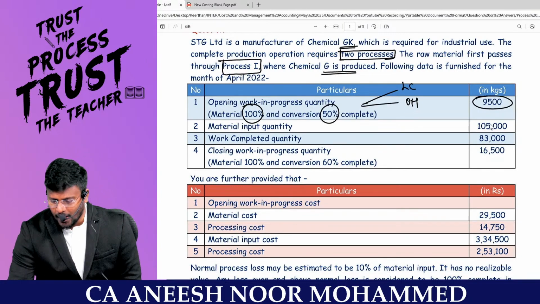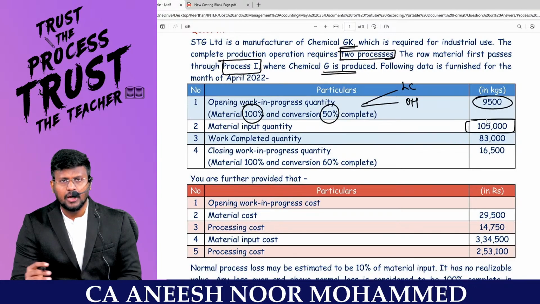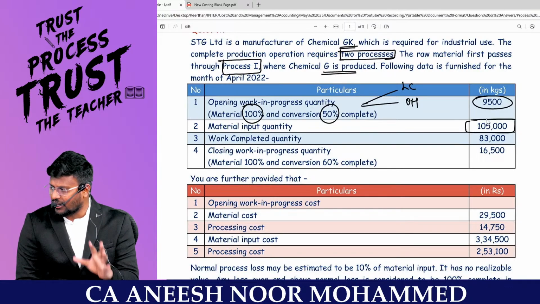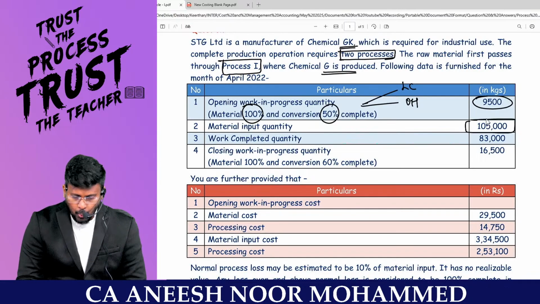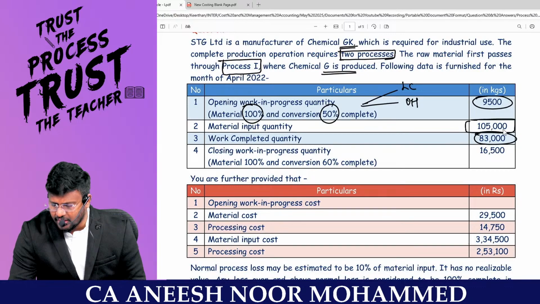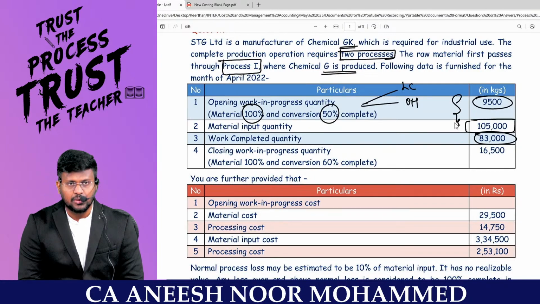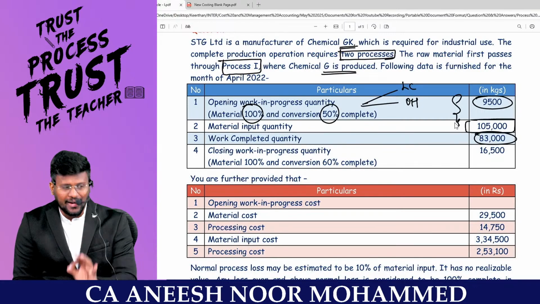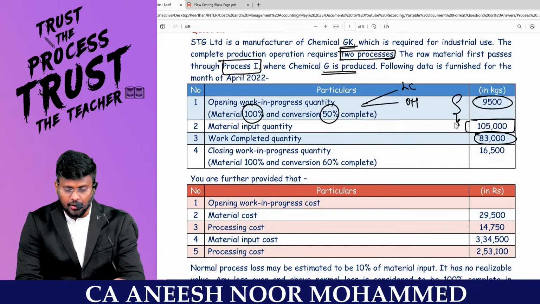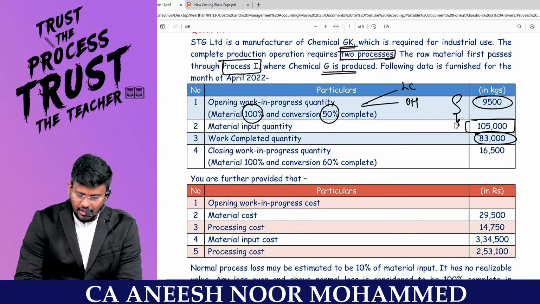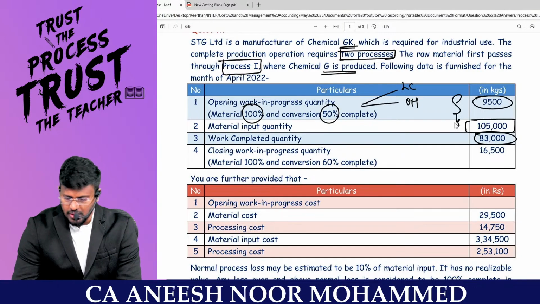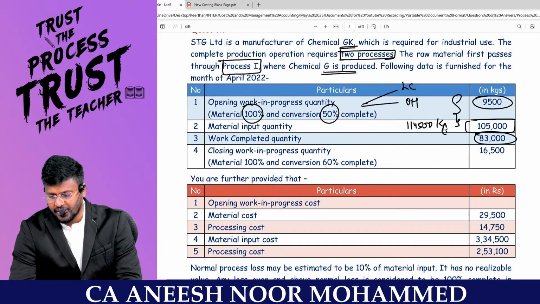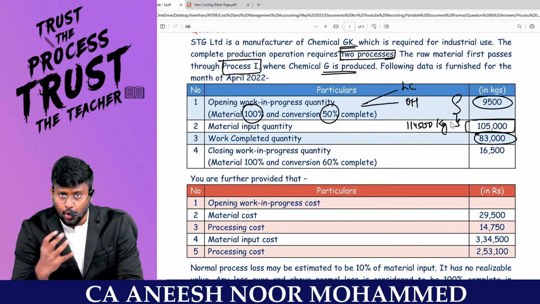Material input quantity is 1,05,000 kg. To this 9,500 kg, they have introduced 1,05,000 kg. Work completed quantity is 83,000 kg. So 9,500 plus 1,05,000 comes to 1,14,500 kg, the total kg processed.